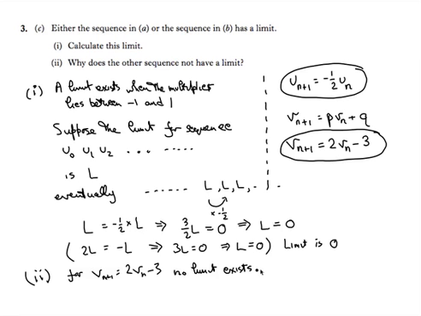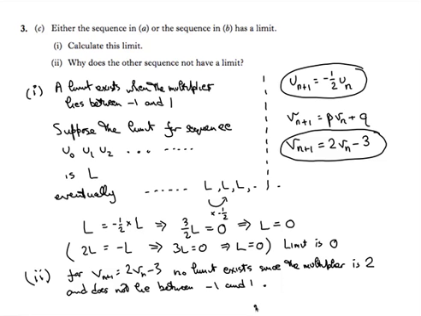No limit exists since the multiplier is 2 and does not lie between -1 and 1. So there's the reason that the sequence generated by this recurrence relation has no limit, and the sequence that's generated by this recurrence relation does, because -1/2 lies between -1 and 1.